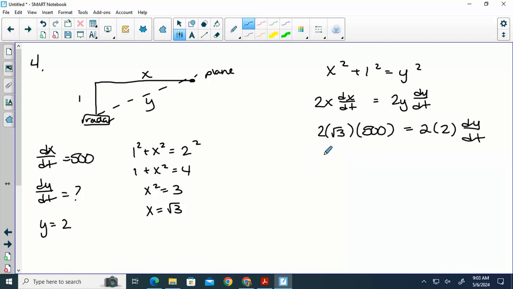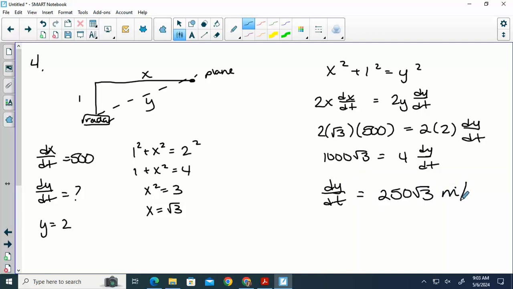So then we have 1,000 radical 3 equals 4 dy/dt. So dy/dt is 250 radical 3. Units: y would be measured in miles, and time was measured in hours. So 250 radical 3 miles per hour.